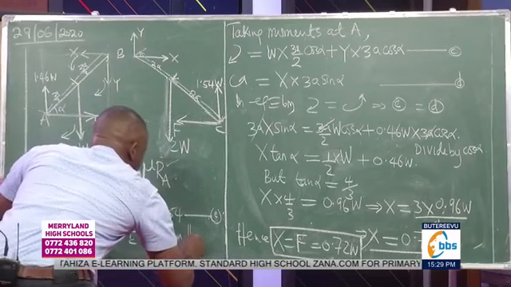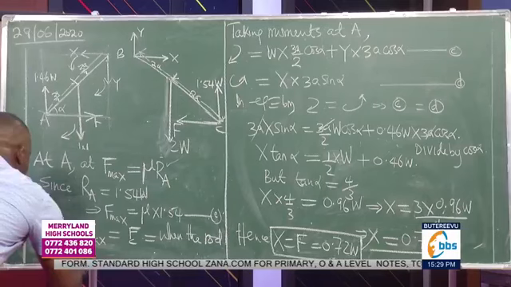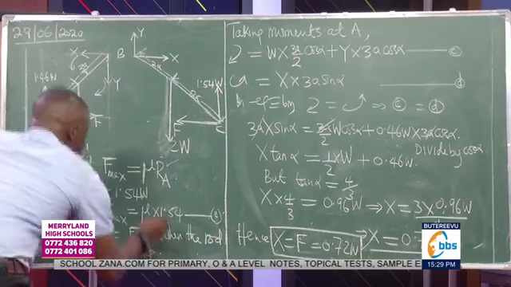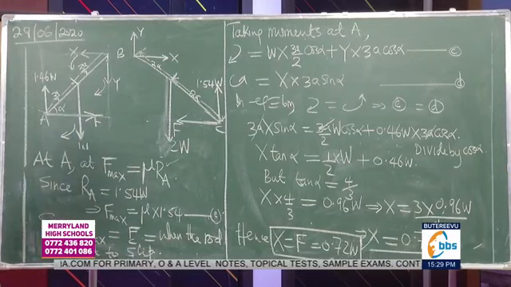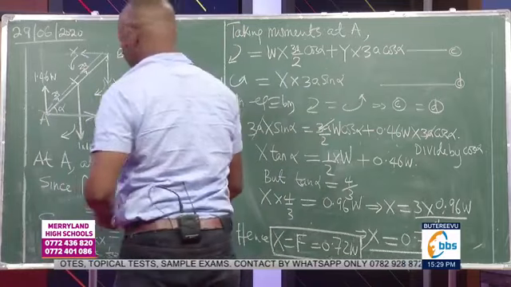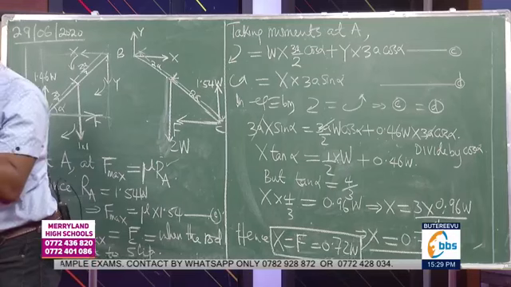You can say when the rod is about to slip, this is the condition that takes us to discovering the value of mu. Because the question was saying, determine the value of mu.